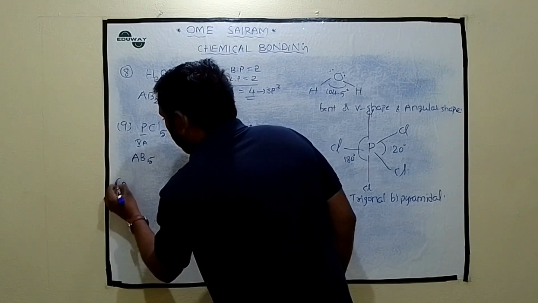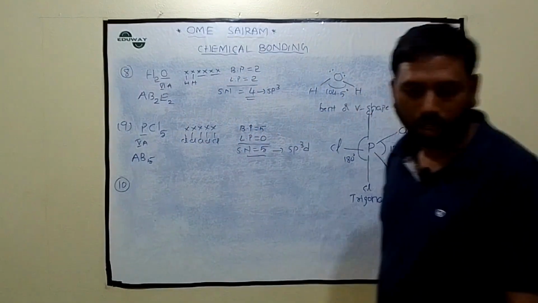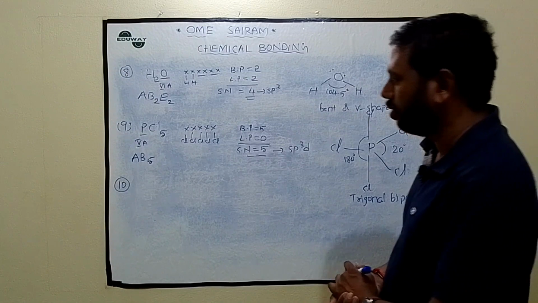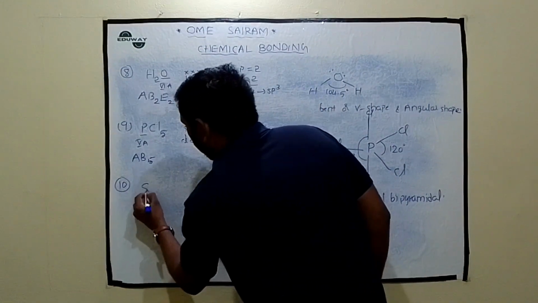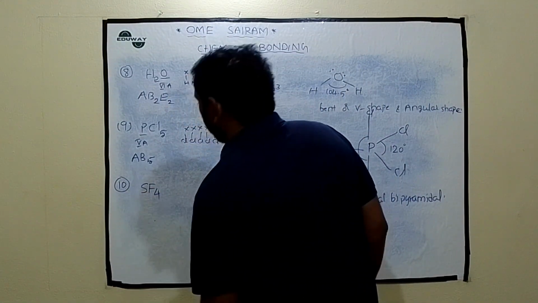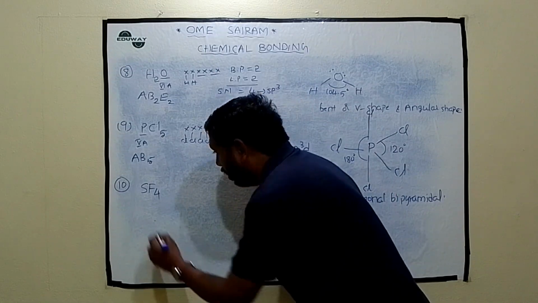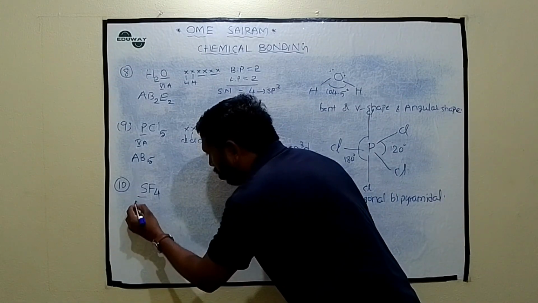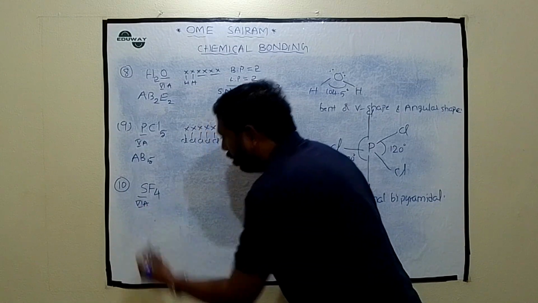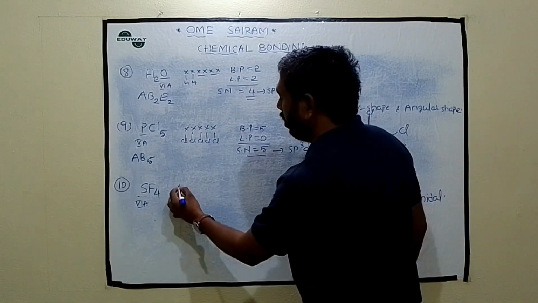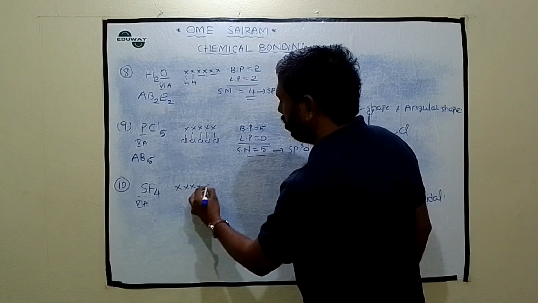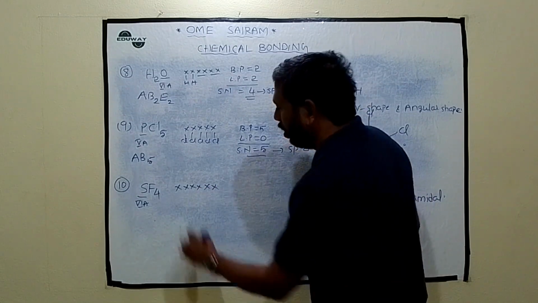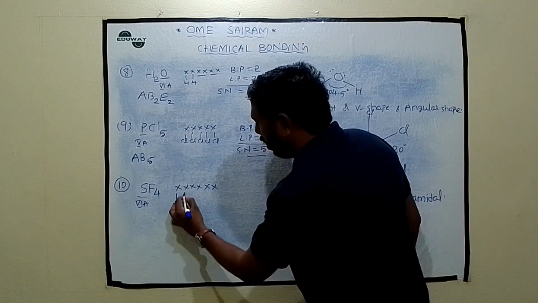So next molecule is SF4. In SF4, the central atom is sulfur, and it belongs to 6A group element. It contains 6 valence electrons, and sulfur is forming 4 bonds with 4 fluorine atoms.